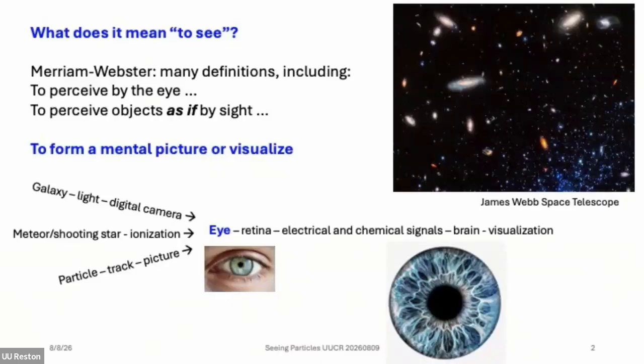But the ionization had occurred. And this is how we actually can see particle tracks and visualize the particles themselves. So these are different ways of seeing, and I say that the eye happens to be part of that chain. I just put here a beautiful picture of a retina. Art and science go together in so many ways.